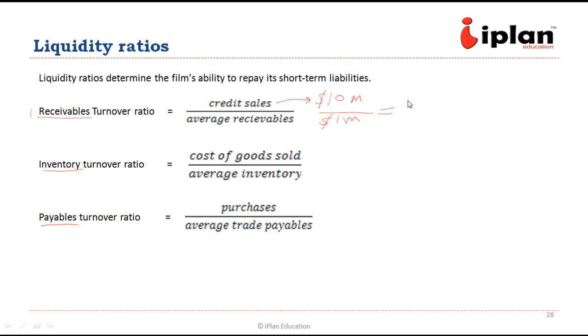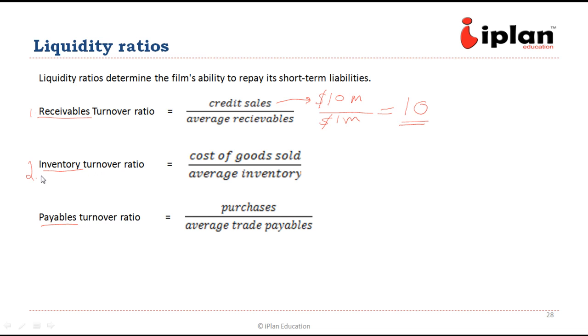It indicates that the receivable turnover ratio is 10, or we are able to turn over the receivables 10 times in a year.